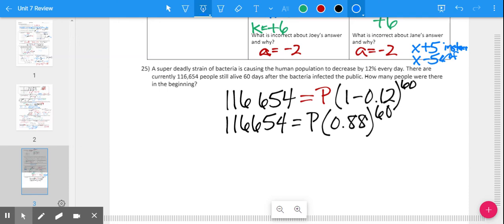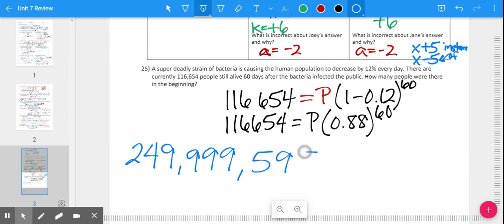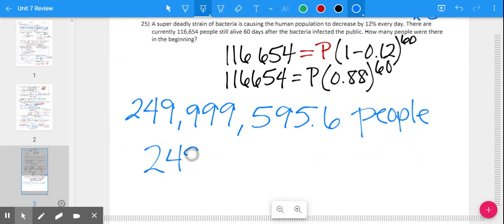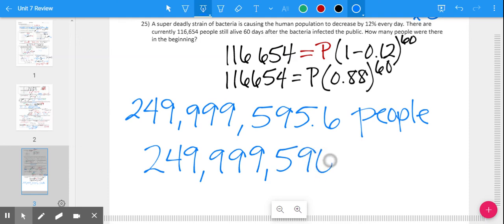It would be that in the beginning, there were 249,999,595.6 people. And because there's not a 0.6 people, we would round that up to include that partial person as a whole person.